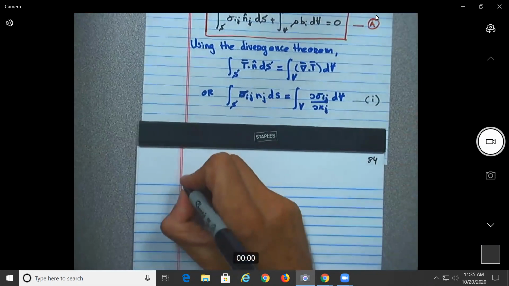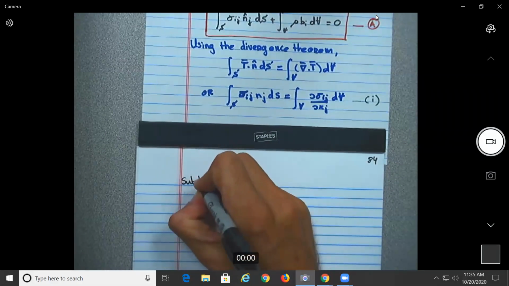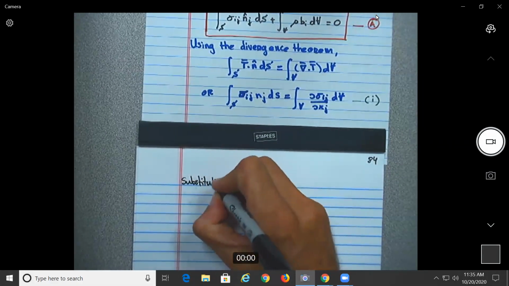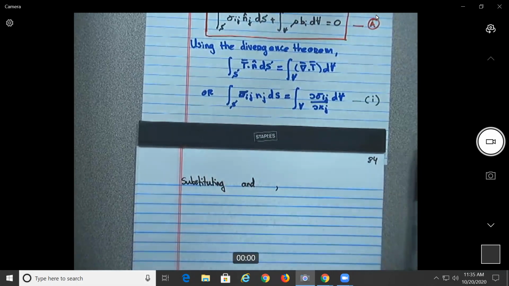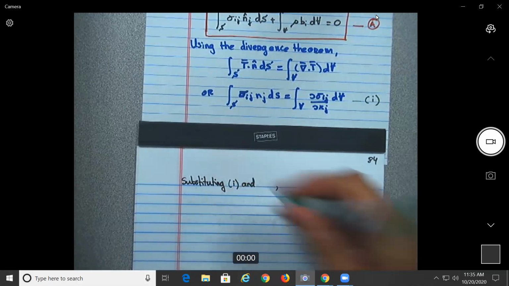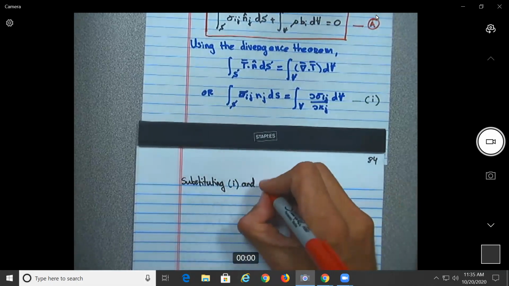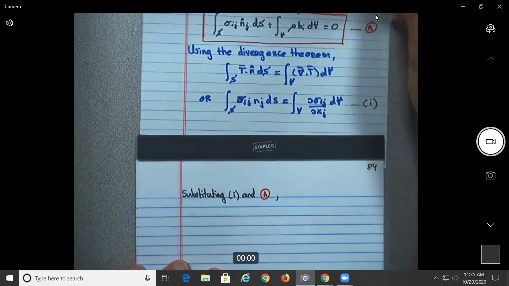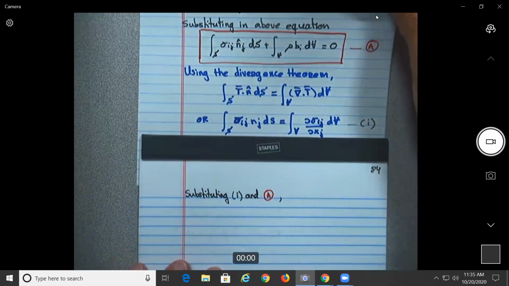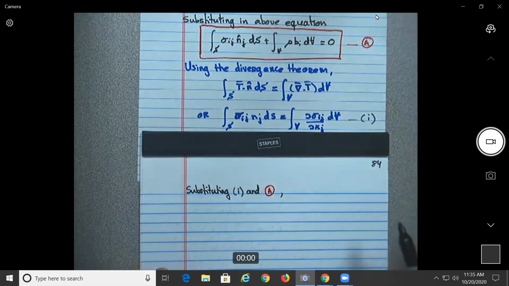So substituting Roman 1 into A, what do we have? We're going to have that.